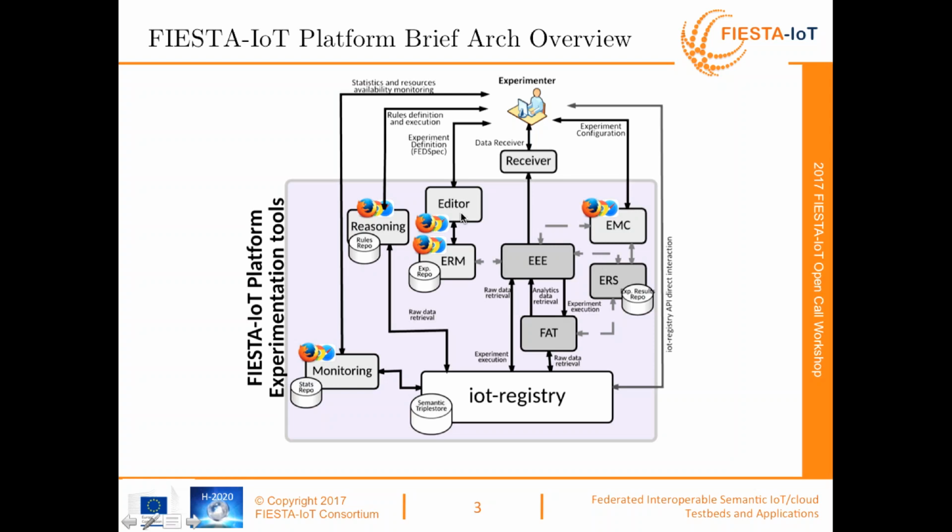It can be an XML editor or the editor tool that we provide. This DSL is then stored, and the specification that you provide is read by the execution engine and sent directly to the IoT registry or to the analytics tool, based on whichever specification you provide.